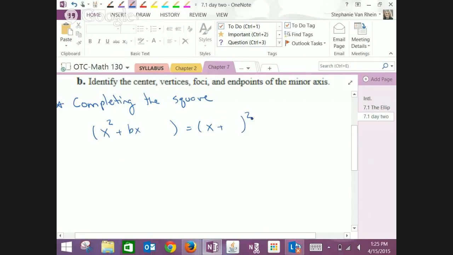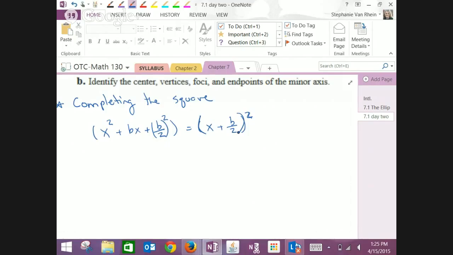Every quadratic can be written as a perfect square. You can add to the left-hand side and add to the right-hand side to make it a perfect square. If you have x squared plus bx, you're going to add b over 2 quantity squared, right? If you add b over 2 quantity squared to the left-hand side, it's going to convert that to x plus b over 2 all together squared, right?